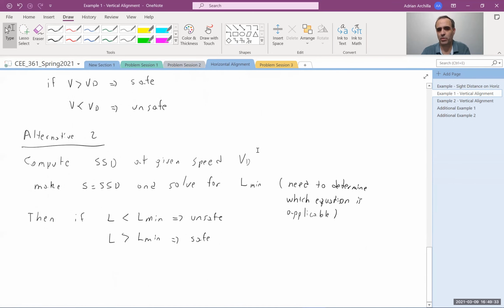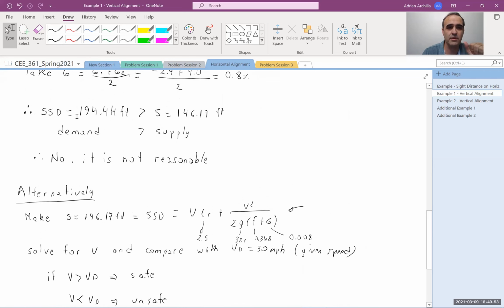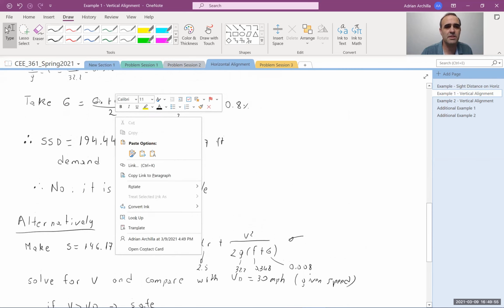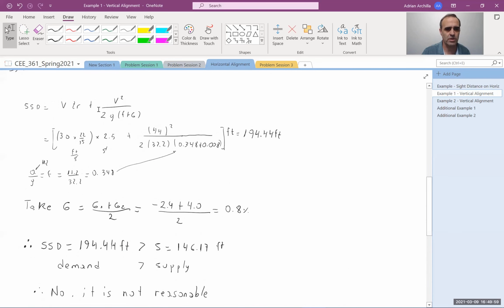So in this problem, we were given the design speed. So at that design speed, we can compute the stopping sight distance like we just did a few minutes ago. And with that stopping sight distance, let me just go back, not this value, it's not this. In here, we made this stopping sight distance equal to the supply sight distance. And what I'm saying now is that this stopping sight distance that we computed from this equation, right?